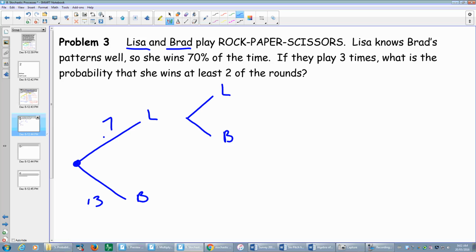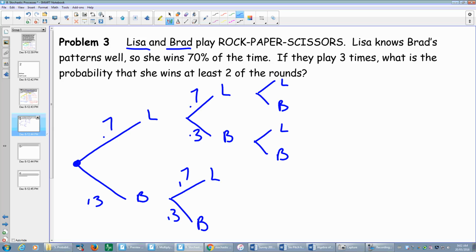David, can you give me this branch here? Very good. And if Brad wins the first one, Billy, can you please help me out with this next branch? 0.7 and 0.3. Again, I can go Lisa, Brad here.